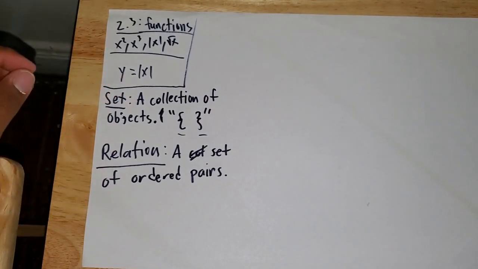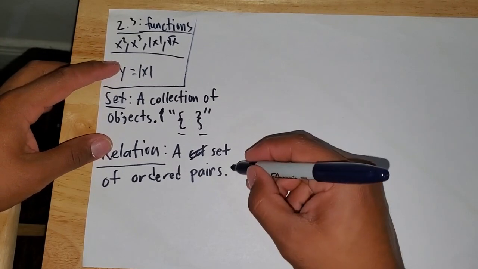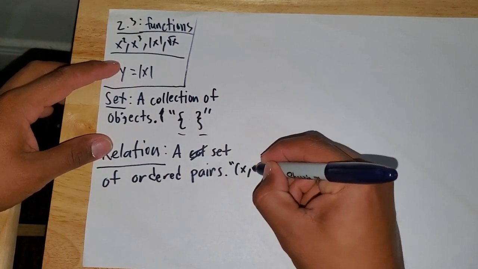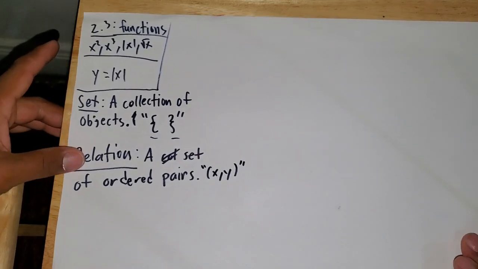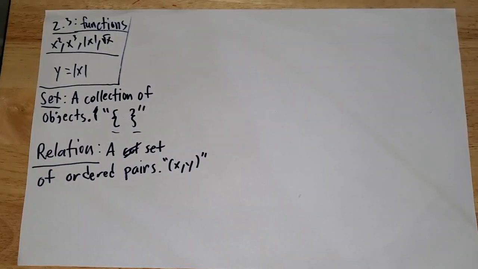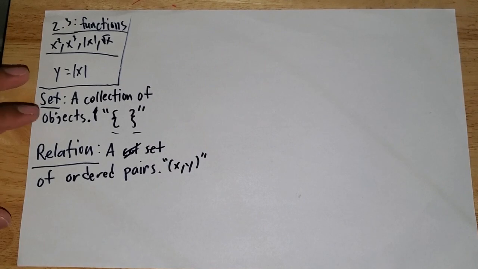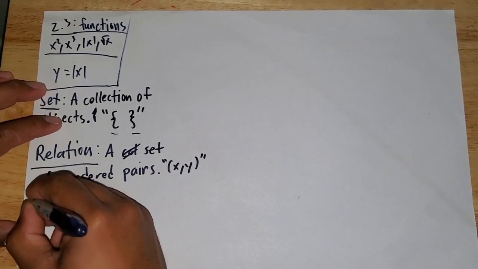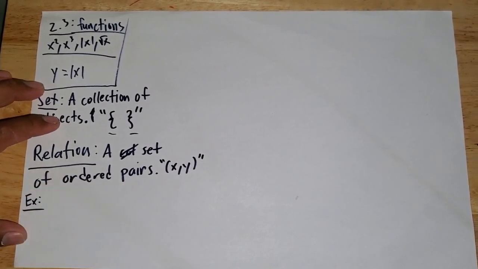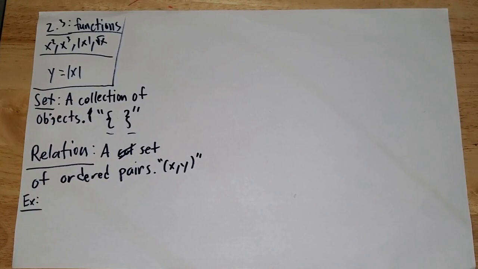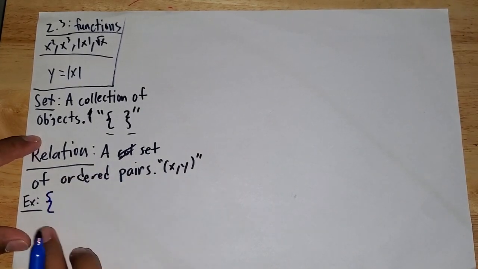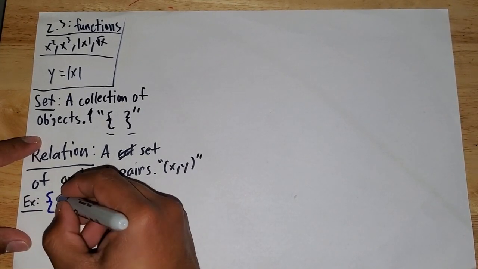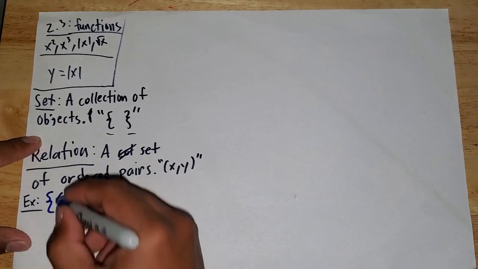Remember, ordered pairs are just x comma y, those coordinates, those points that we can graph on the x and y plane. So for example, a relation looks like this. It's just a set, so we have to use set notation, and it's a collection of ordered pairs.